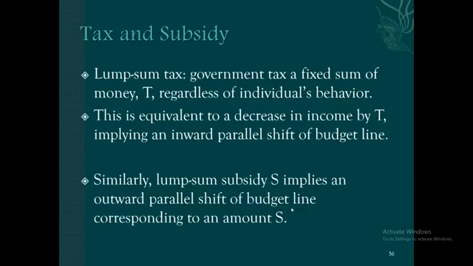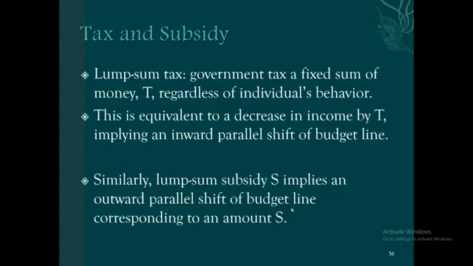Now there are different kinds of taxes. A lump sum tax is a government tax, a fixed sum of money, that is T, regardless of the individual's behavior. This is what is called, for example, an indirect tax. Indirect taxes are always treated in the real world as regressive taxes, because the tax is fixed, but the effect is not fixed.